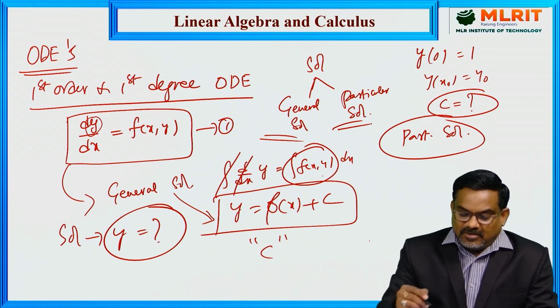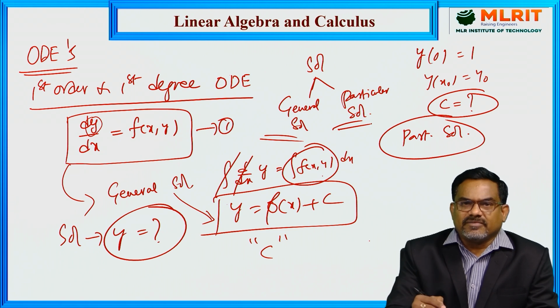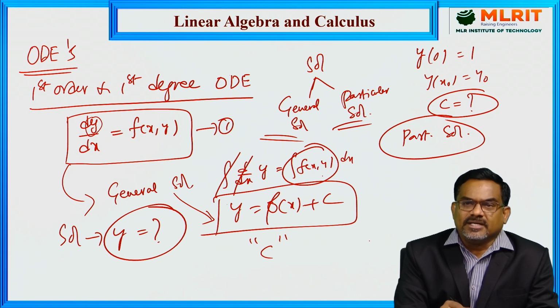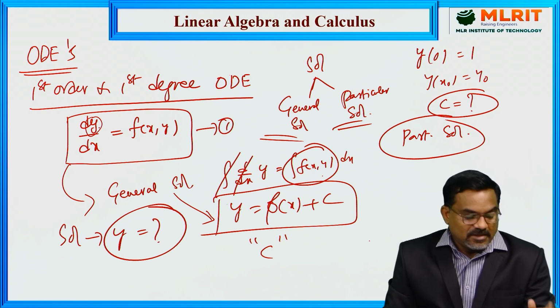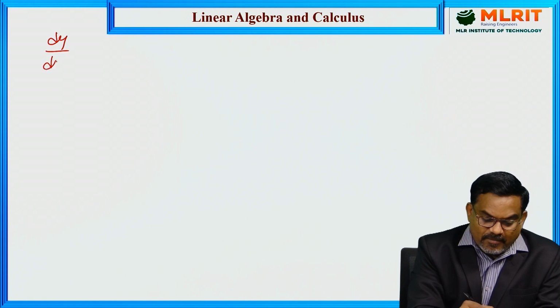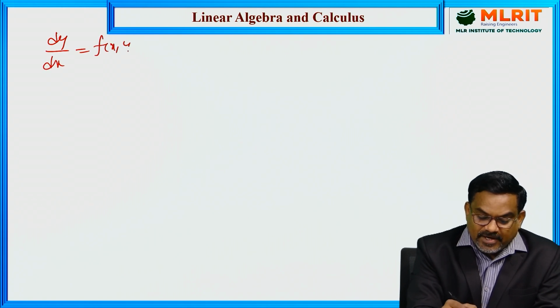So, the solution of the differential equation means to find the value of the dependent variable itself. What is the dependent variable here? y. So, find y. Now, how to find that solution? The standard form is dy by dx is f of x comma y.